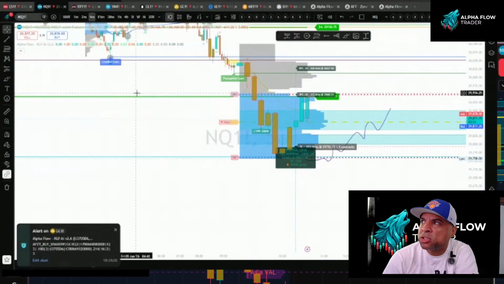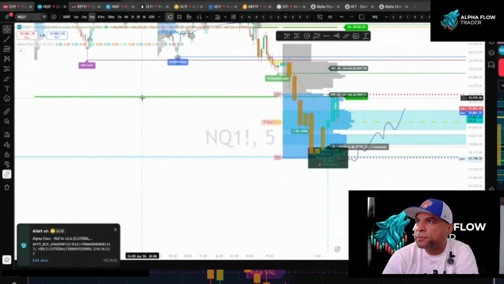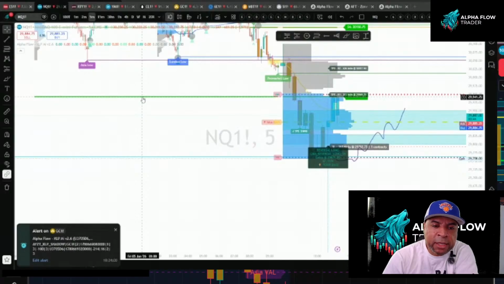So that green line is actually S5, and our TP1 was just above the other side of S5. So I figured when it's that close, I'd rather use my key level as my TP target rather than the app's TP target.